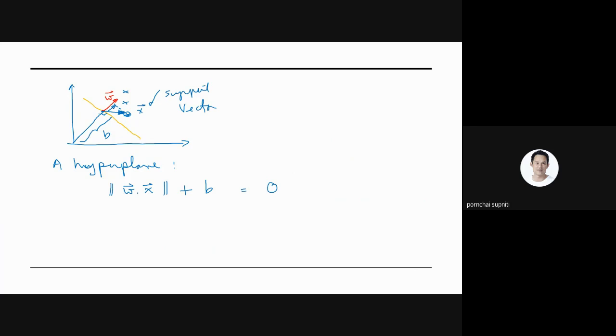You can put minus b instead of plus b. It doesn't matter. And if you look in literature, sometimes instead of writing like this, they write it like this as well. They write it in terms of another notation.